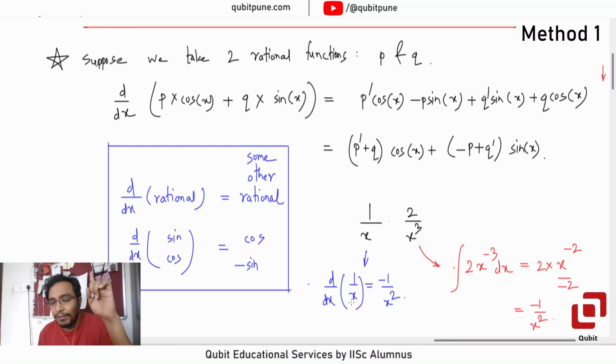Raise your hands if you understood this. Okay, in other words, the derivative of the first function, that is 1 upon x, is actually the integral of the second function, that is 2 by x cubed, and that seems to be matching, or at least taking us forward in the direction that we are now aiming at.